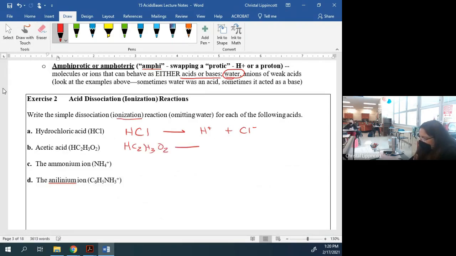We're going to break that hydrogen ion out, and it's going to have a negative charge on it. Ammonium then is NH4+.